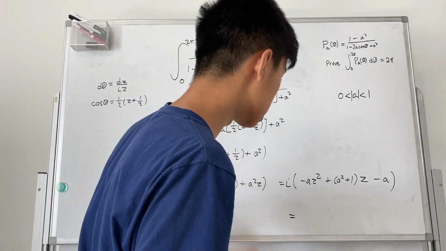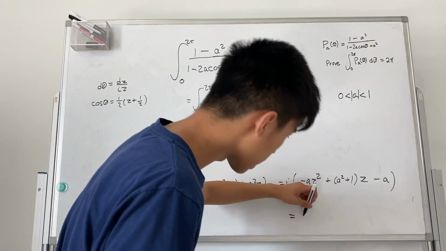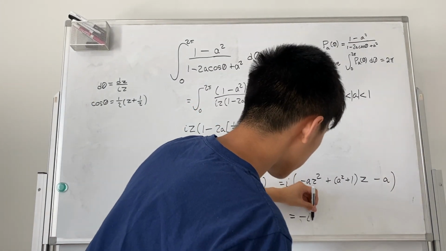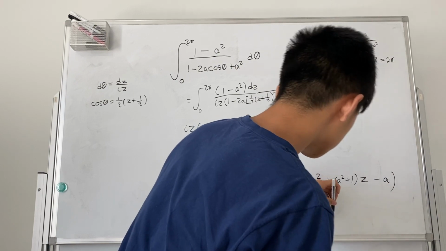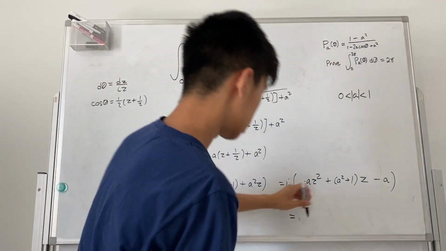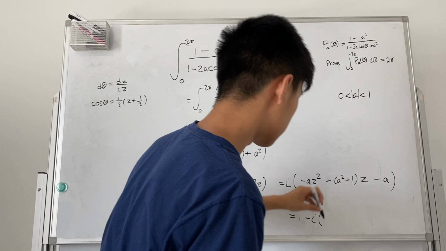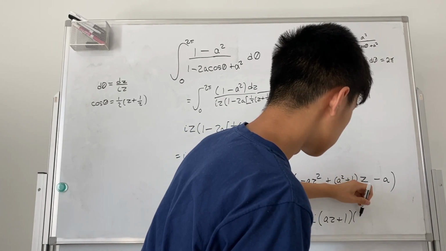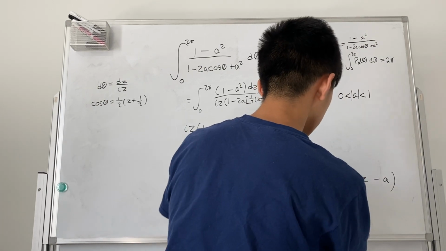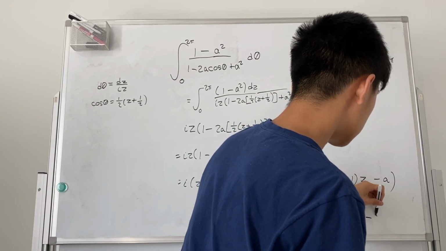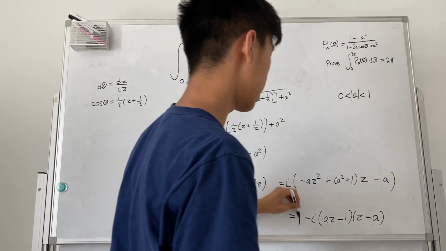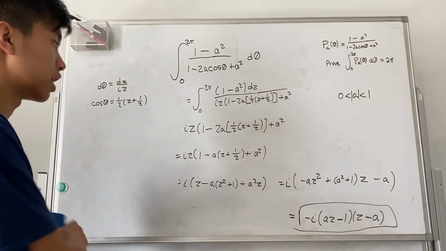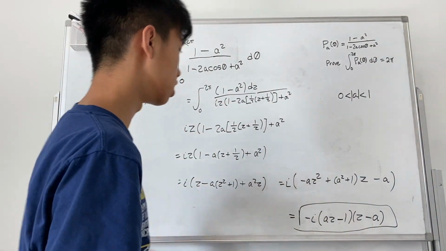Although it doesn't look easy to factor, this is actually equal to negative i times (az minus 1) times (z minus a). So this is the factored form of this expression. Yeah, it's crazy how this can turn into this.